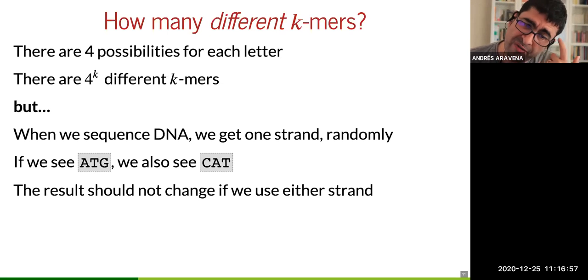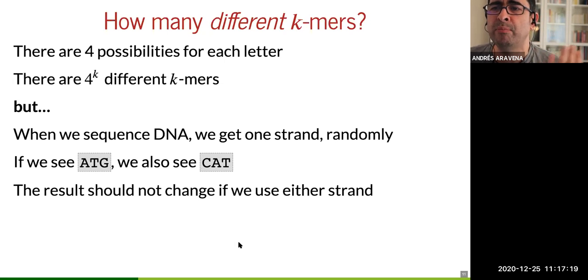In other words, if I see ATG, I should also think that I saw CAT. Every time I see a sequence, I should also count that I saw the opposite, the reverse complement. Because the sequencer gives you one strand, but you are seeing both strands. So this A becomes T, this T becomes A, and this G becomes C.